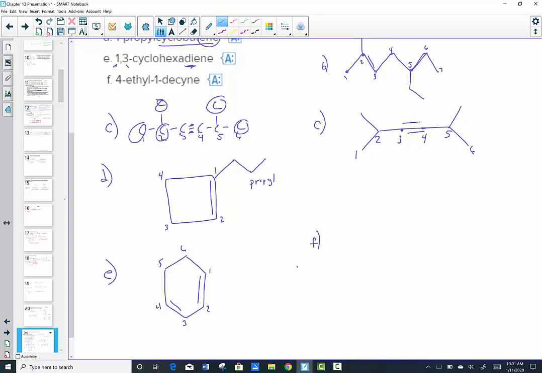And letter F, our last one on this series. 4-ethyl-1-decyne. That's 10 carbons in a row. So let's look at this example where I were to draw the triple bond, which this has, yne.